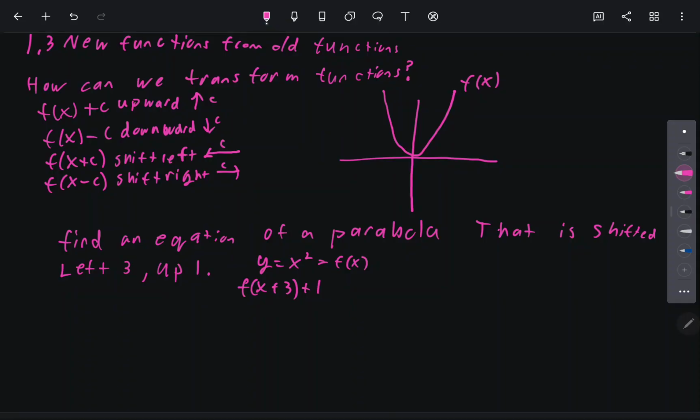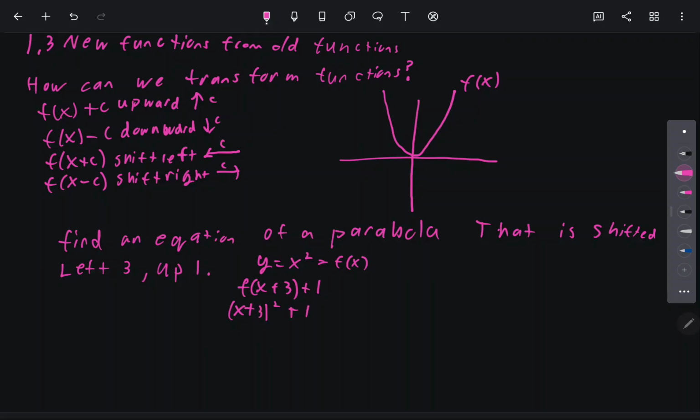So this is kind of hard for us just to plug into our original equation. But if f of x is just equal to x squared, we can say that x plus 3 squared, because that's our f of x, and we're just subbing in x plus 3 for our x, plus 1 is our equation.